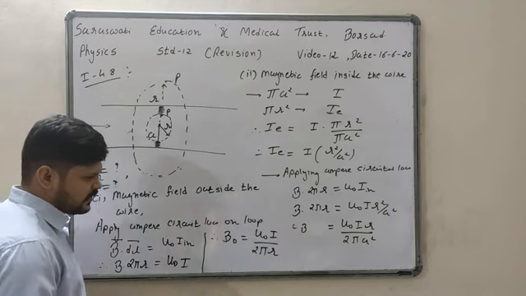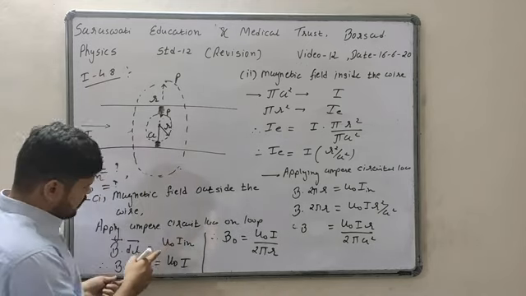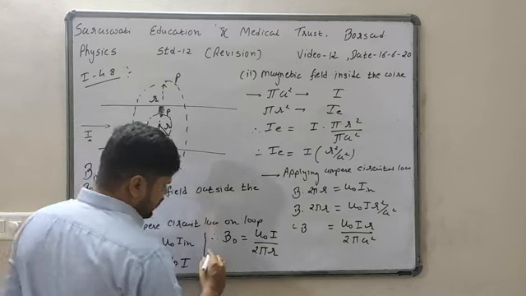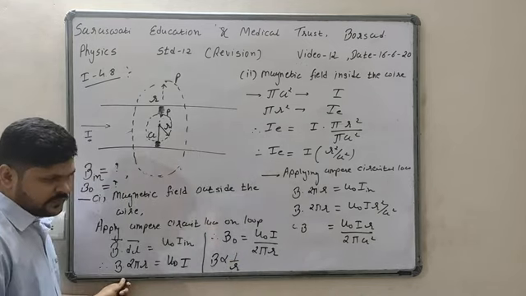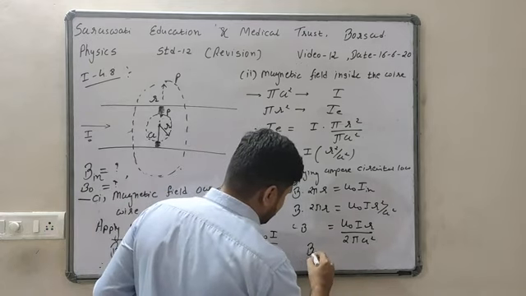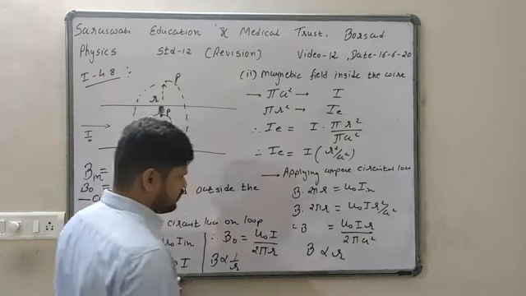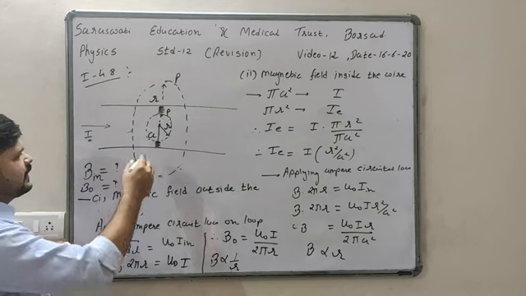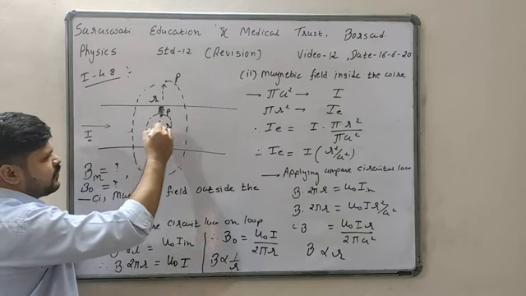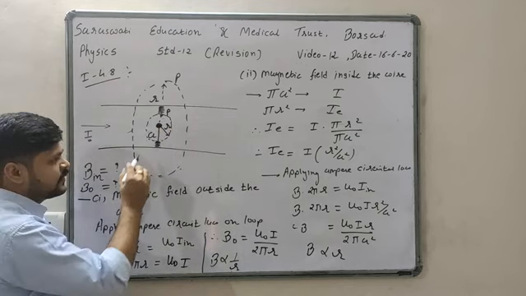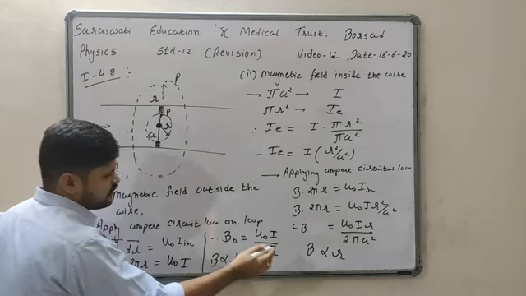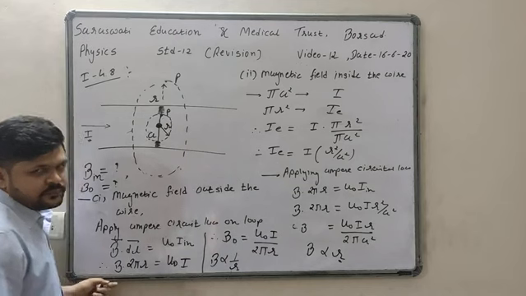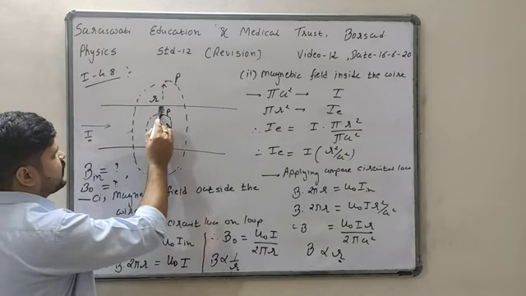Now, if you see clearly, we can say that outside the wire, the magnetic field is proportional to 1 upon r, and inside the wire, the magnetic field is proportional to r. That means at the center the magnetic field will be minimum. As we go outward, the magnetic field increases with r.